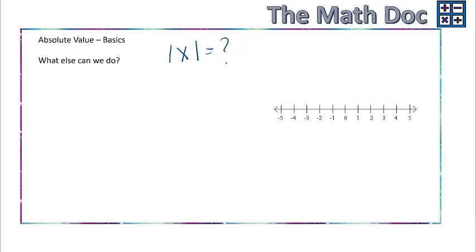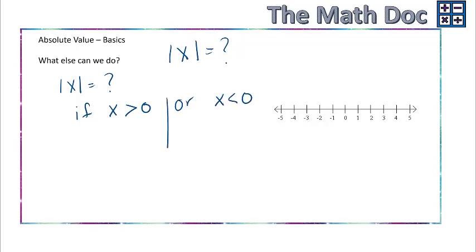Well, it turns out there's a trick. What we have to do is ask what happens in each case. So if we want to know what the absolute value of x is, we can say we have a case where x is larger than 0, and a case where x is less than 0.